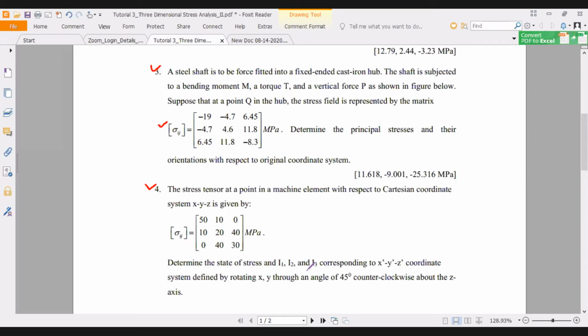Okay, so can anybody tell me what these I1, I2 and I3 are? What is the significance of I1, I2 and I3? Yes, I can understand the state of stress, but what are I1, I2 and I3?